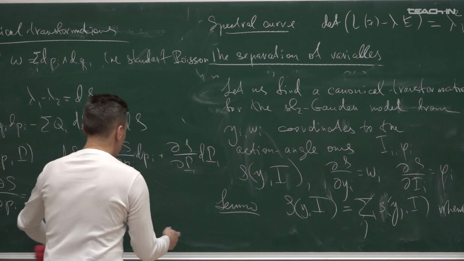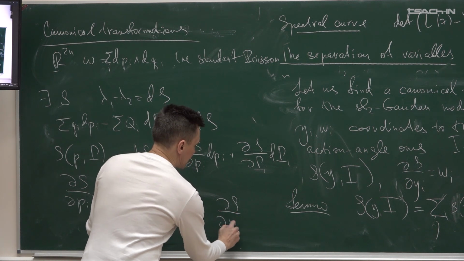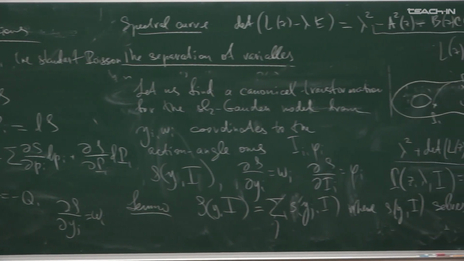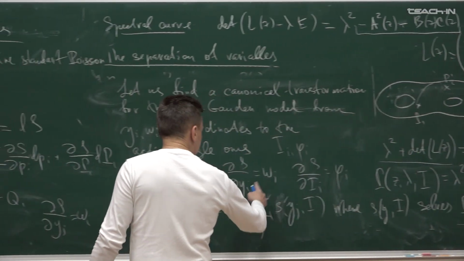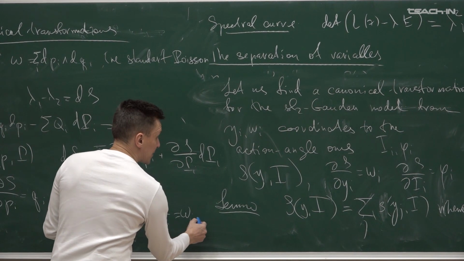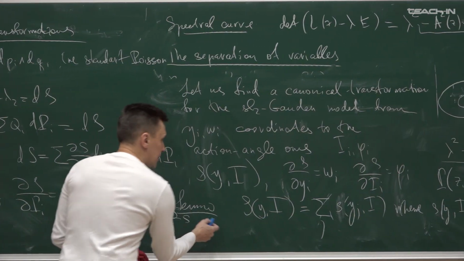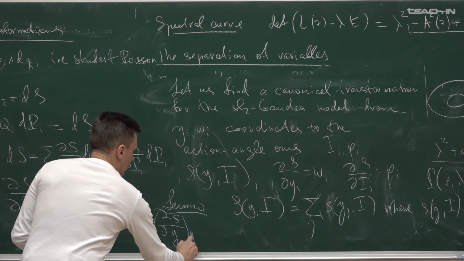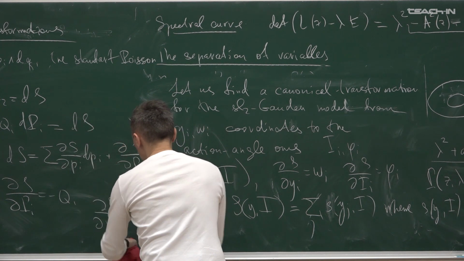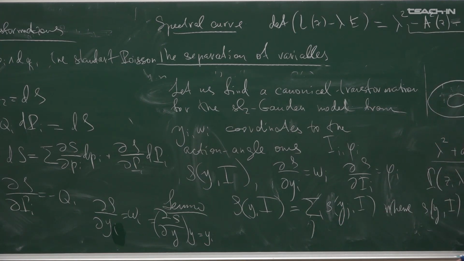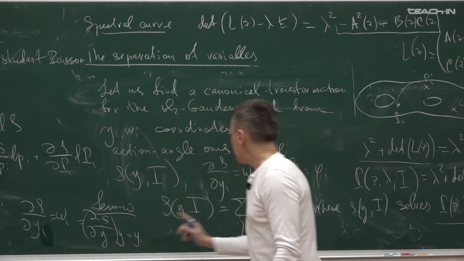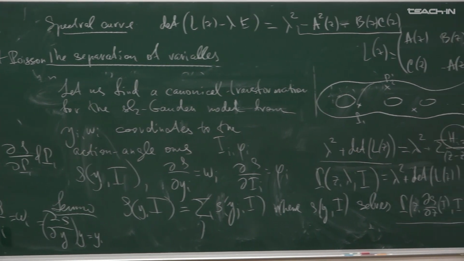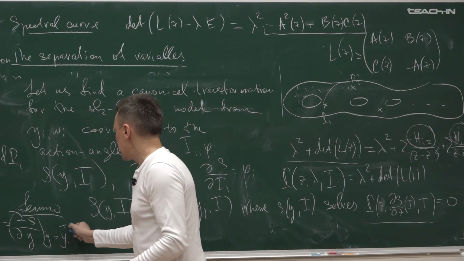So we have only to prove that dS over dy_i is omega_i, but it is right because if we take this S in this separate form, it is the derivative of the small s with respect to y equal y_i of the small s, and this function solves this equation, so it gives the point on the spectral curve, and it means that it is equal to omega_i.